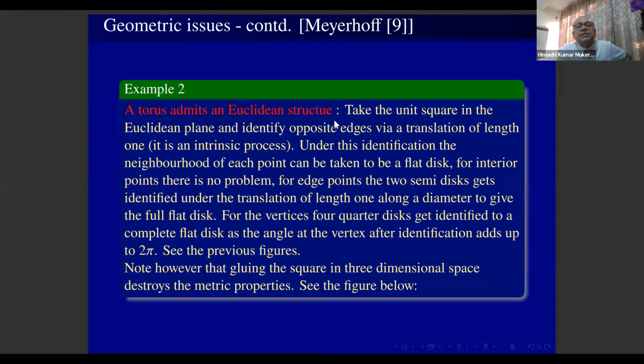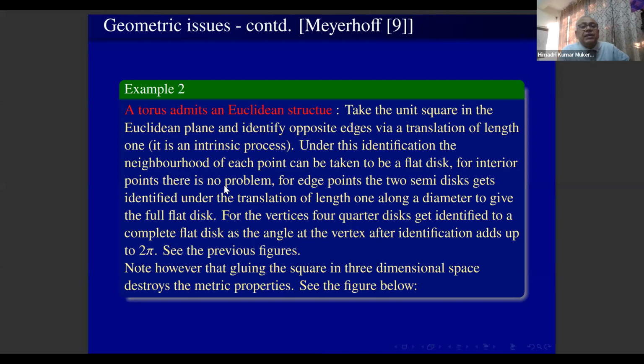A torus admits a Euclidean structure: take the unit square in the Euclidean plane and identify opposite edges via a translation of length 1. It is an intrinsic process. I am not folding the sheet to make a torus. I'm just translating one edge to the other edge by a length 1. Under this identification, the neighborhood of each point can be taken to be a flat disk.